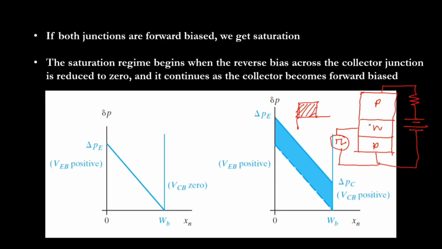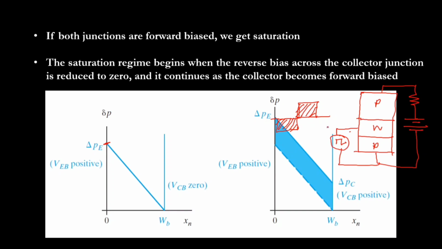Before, both junctions were reverse biased because of the negative pulse. The moment I apply a positive pulse, this becomes forward biased, no doubt. So holes are injecting continuously, and the hole concentration becomes large near the collector junction.